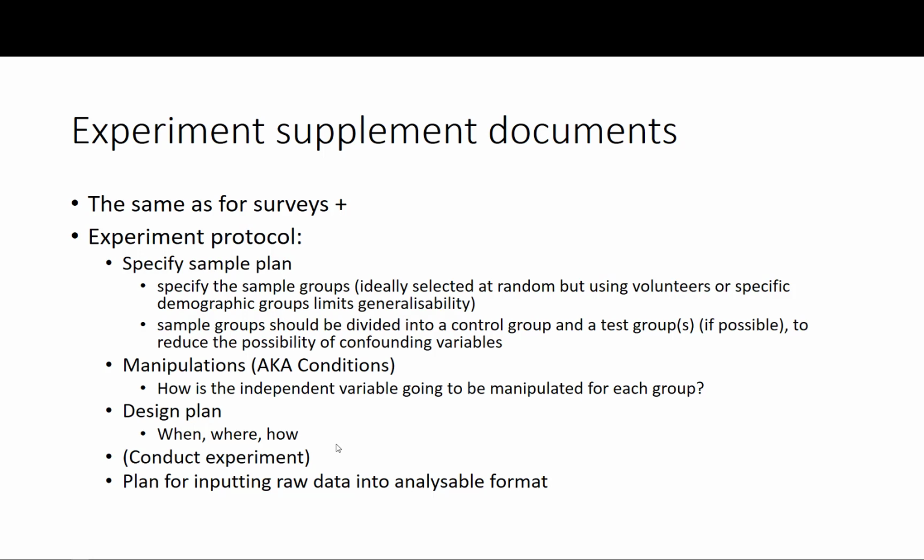Within an experiment, you need to assign participants to what we call sample groups or experimental groups. Ideally, participants are assigned randomly to the different conditions or manipulations that are required within the experiment. These sample groups should include 2 different types of groups, a control group and a test group.